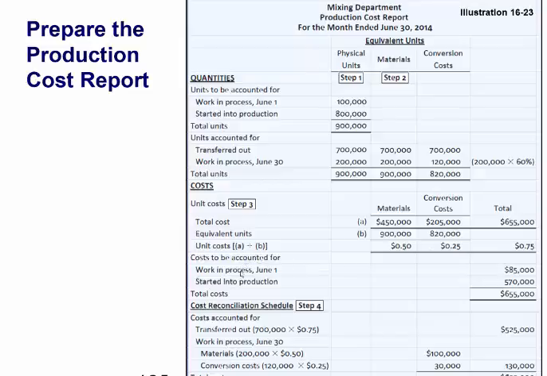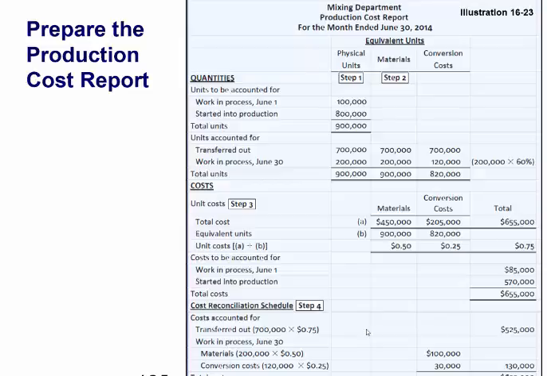Our cost to be accounted for, again, we're looking at this to add up our $655,000. This $85,000 was our beginning WIP brought from May. This $570,000 was the materials plus conversion incurred in June for a total of $655,000. This number and this number should match.